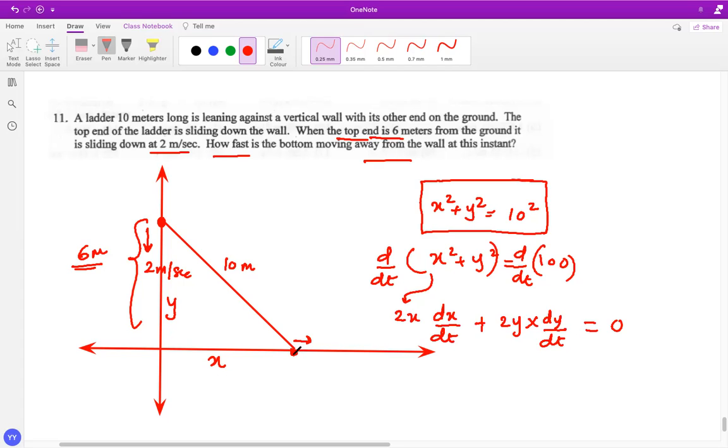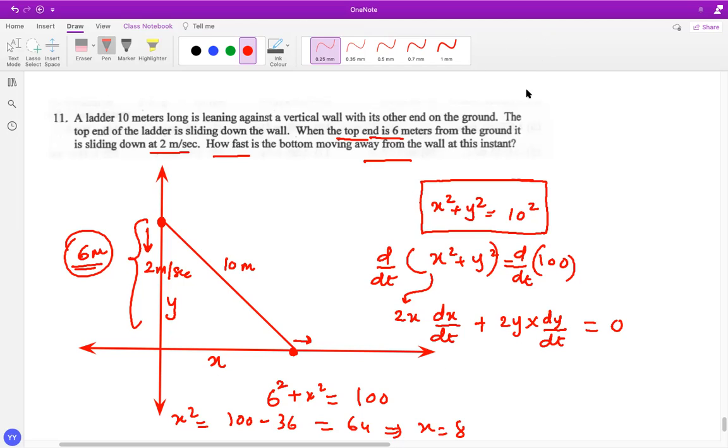What are the values given to us? At the instant when it is 6 meters from the ground, what is the x value? 6 squared plus x squared equals 100. So x squared is 100 minus 36, which is 64, which gives me x as 8. So at that instant my x value is 8. Now I'm just going to put the values in.